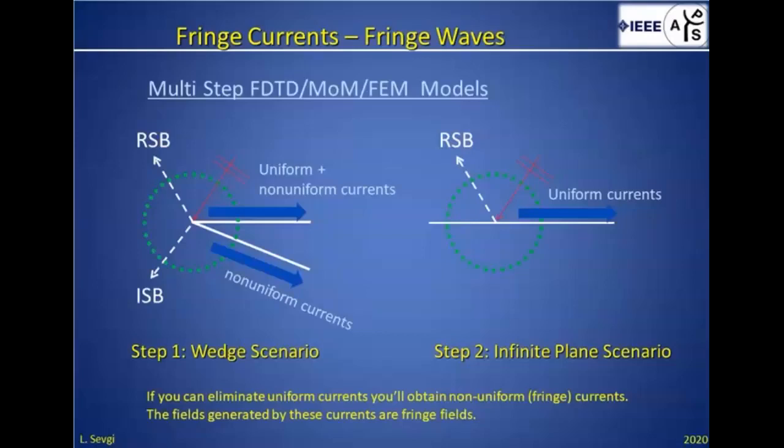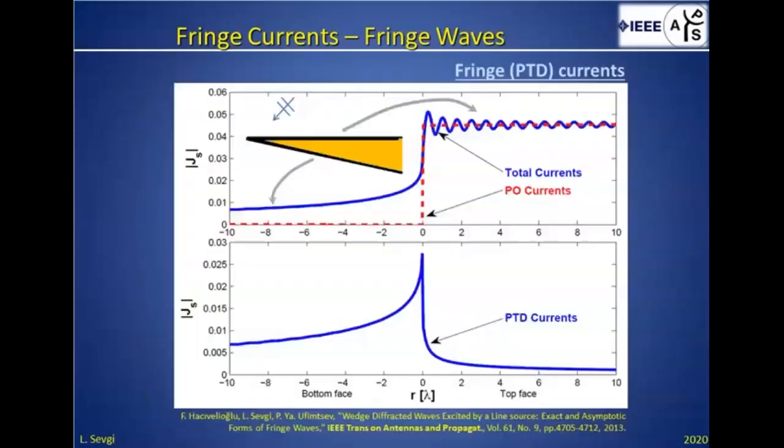Then instead of the wedge, in step two, we replace it with an infinite plane scenario, and in that case, we don't have tips, we don't have diffractions, only uniform currents. So if you subtract one from the other, we discriminate uniform and non-uniform currents. Then we use those uniform currents to generate physical optics fields and non-uniform currents to obtain PTD fields. Next slide, please. This is how we obtain them.